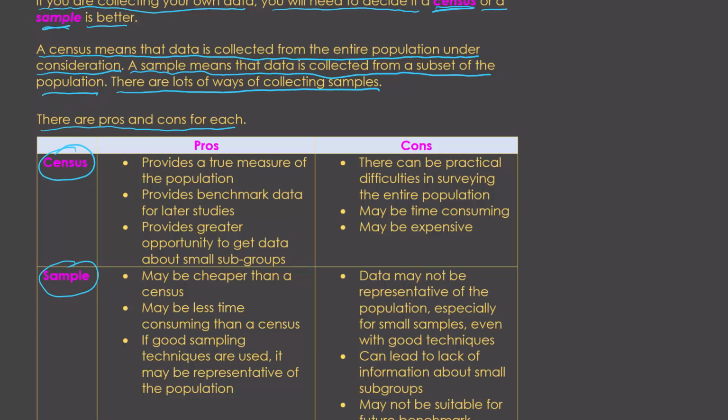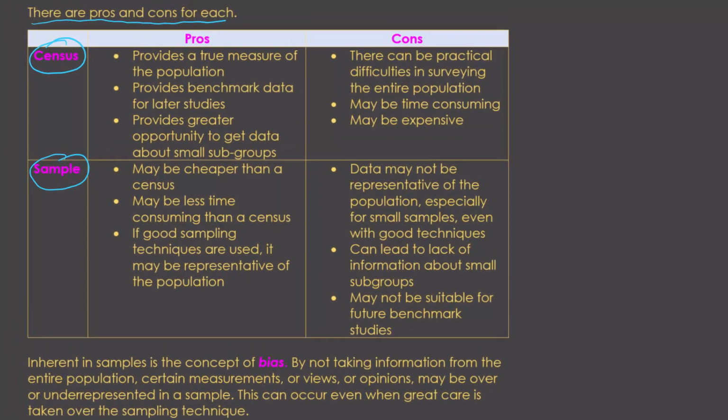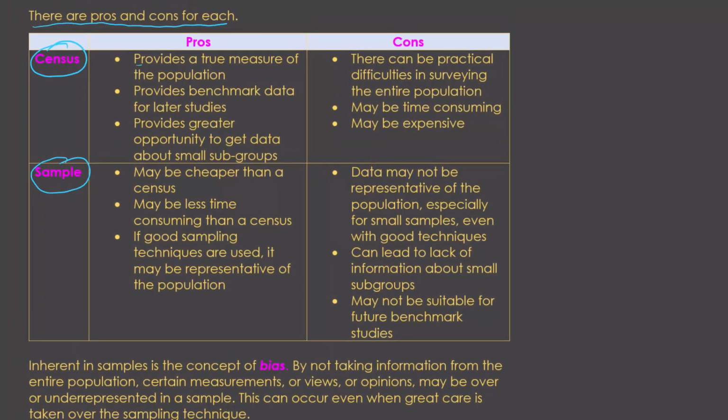So a census, remember, is taking data from every member of a population. So it should provide a true measure of the population. Although you should remember that that's always a shifting thing, and if it takes you a long time to collect and process, it may only be a snapshot.